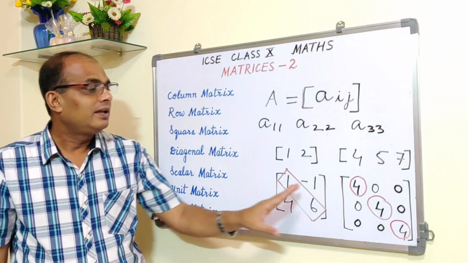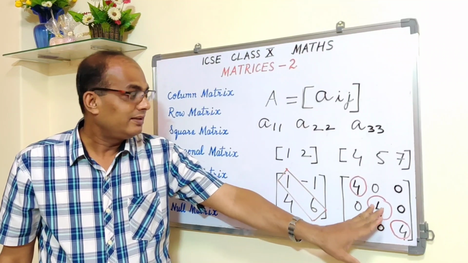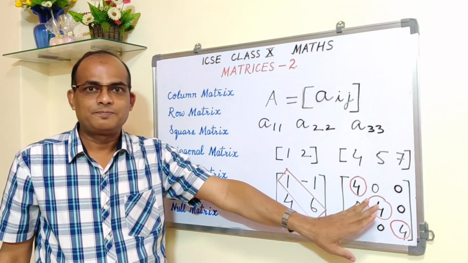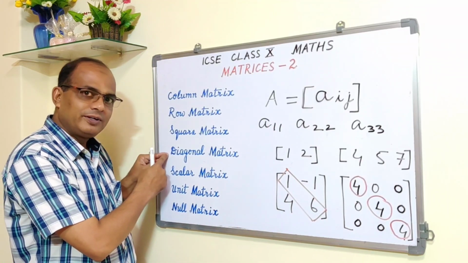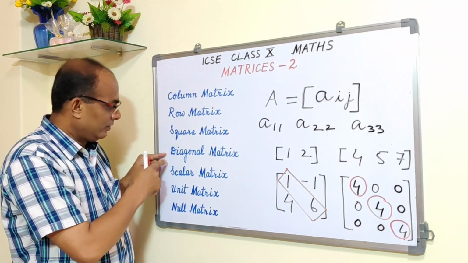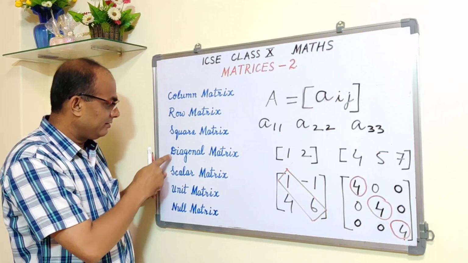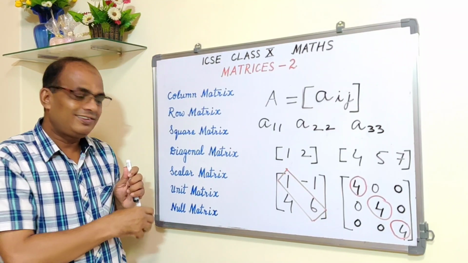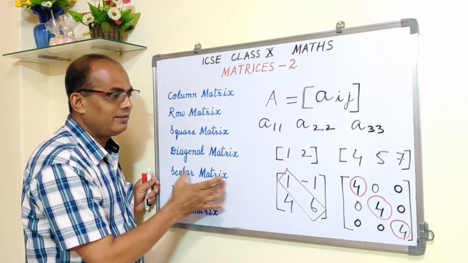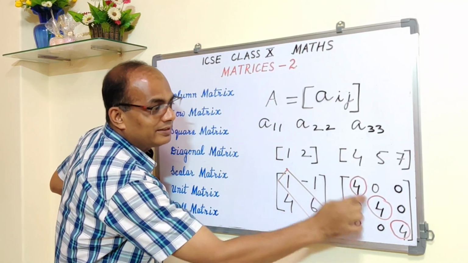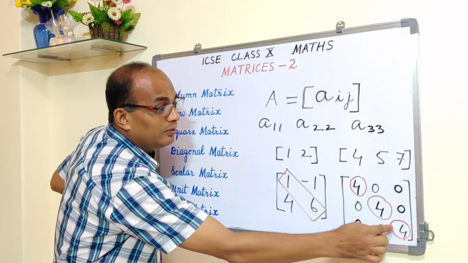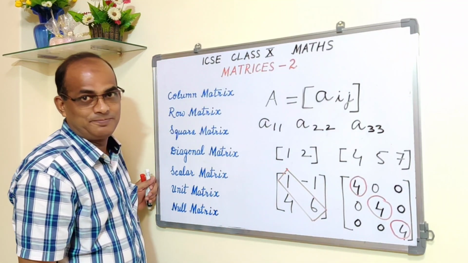That means a scalar matrix is a diagonal matrix in which all the diagonal elements are the same.